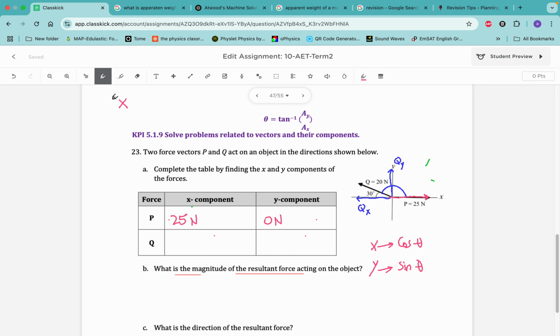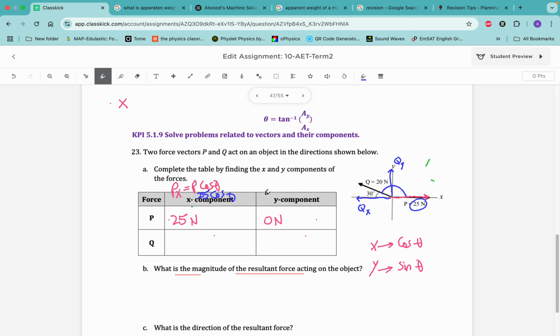Px is equal to P cosine theta. P is equal to 25, so it's 25 cosine of the angle, which is 0. Cosine 0 is 1, so it's going to be 25.